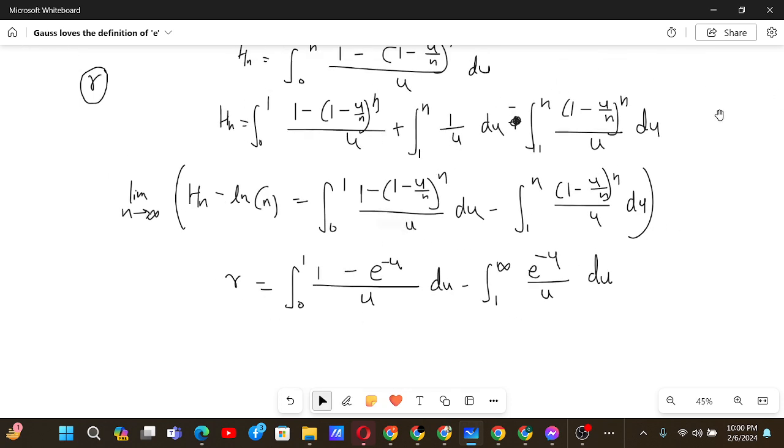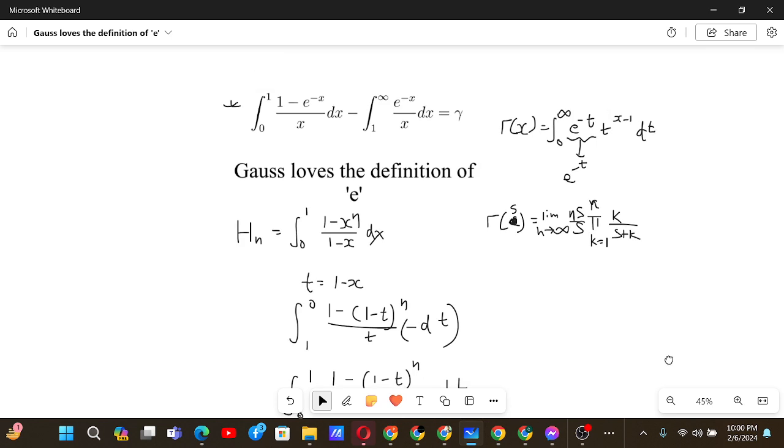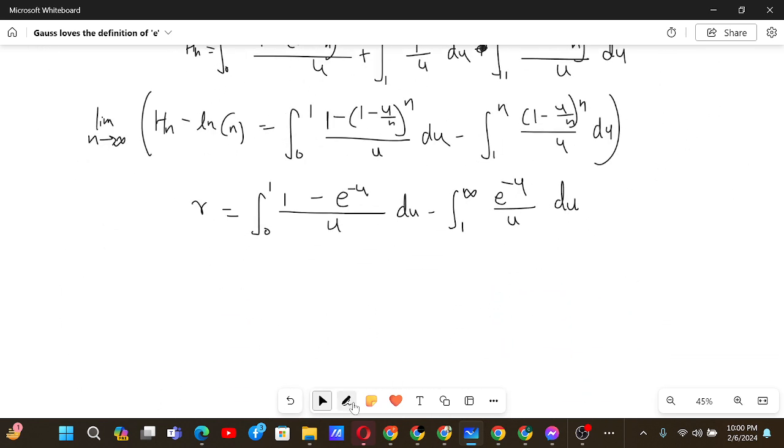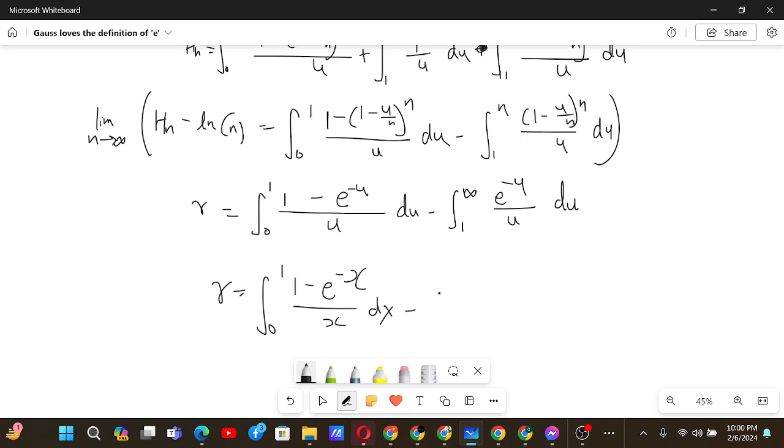In our initial statement there's x, so we can replace u by x, and that gives us the integral representation of the Euler-Mascheroni constant by Gauss: the integral from 0 to 1 of (1 minus e to the power minus x) by x dx minus the integral from 1 to infinity of e to the power minus x by x dx.